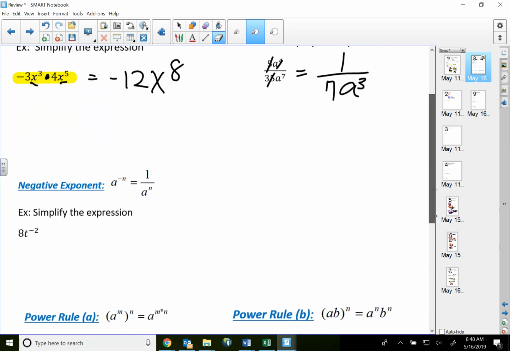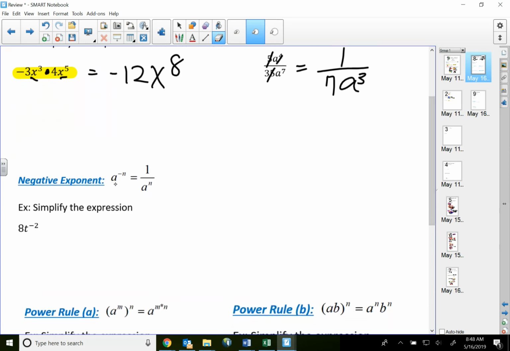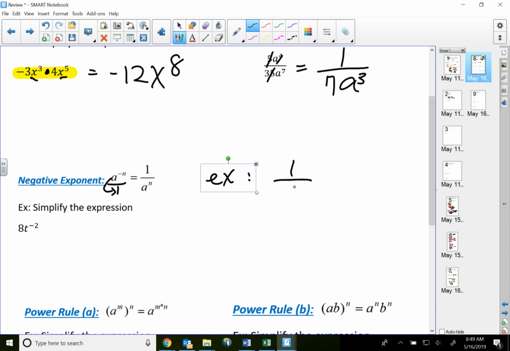Negative exponents, all right? If my base has a negative exponent, we normally just flip the base to the other side of the fraction and then make the exponent positive. And vice versa. If I have, for example, a base that has a negative exponent, so let me just say 1 over a to the negative 2 power.